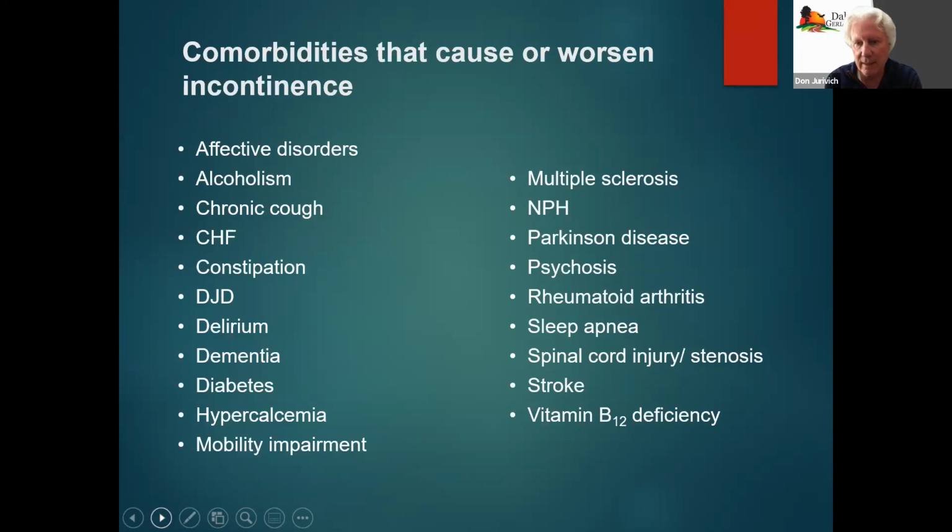On the right side of the list, you see neurodegenerative disorders, you see osteoarthritis, rheumatoid arthritis, and then the final one there with B12 deficiency. Although I don't think providers generally think that if somebody's incontinent that they're B12 deficient. So it's kind of an interesting link to think about.